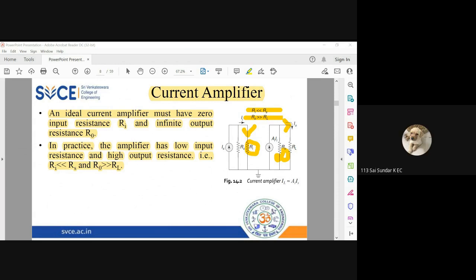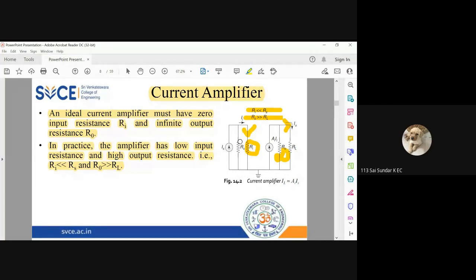Sir, Ri and R0 are the resistance values of the amplifier, no, sir? Ri and R0 you cannot see physically, but they are there because of the amplifier. You can only measure the values for Ri and R0. You will not physically find a resistance when you put the amplifier there.